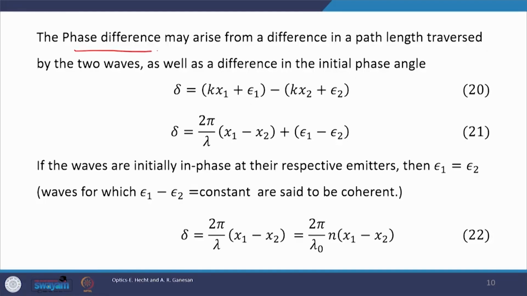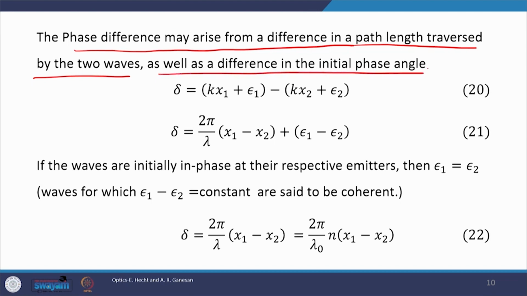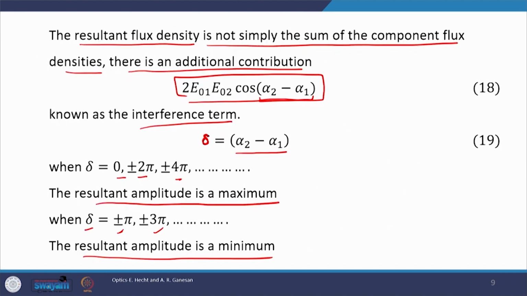Now, the phase difference may arise from a difference in path length traversed by the two waves as well as difference in the initial phase angle. Now, we are talking about this alpha. We will substitute back the expressions for alpha 2 and alpha 1 in equation number 19, and then we will look into it.